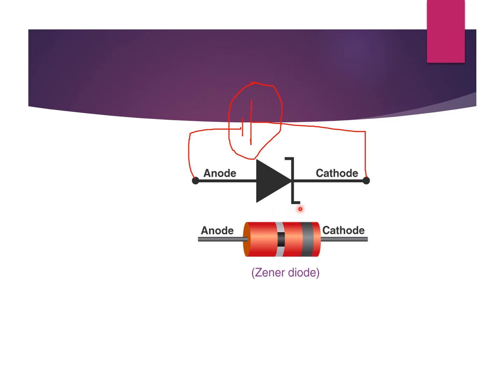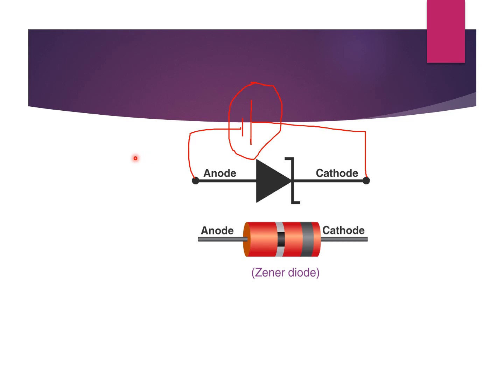Since it is a heavily doped PN junction diode, the P region and the N region are heavily doped. Near the depletion layer, a small electric field will be generated. Because of that electric field, the covalent bonds break down by themselves and become mobile electron hole pairs.